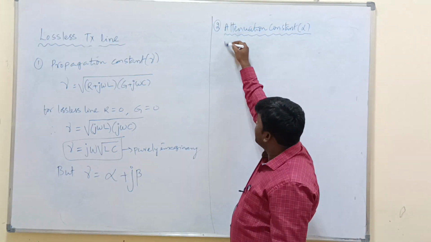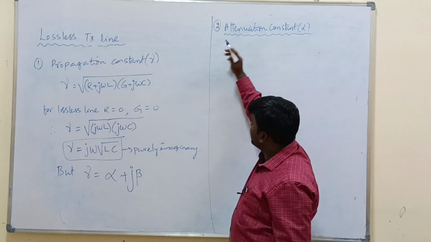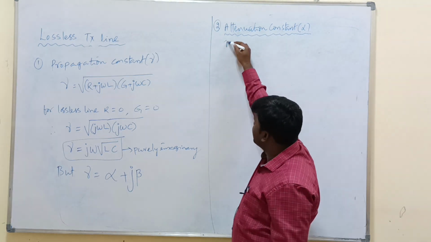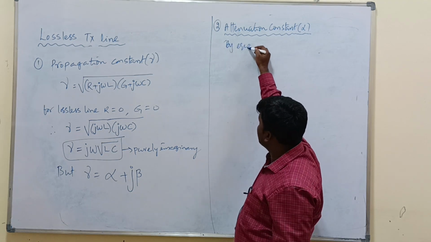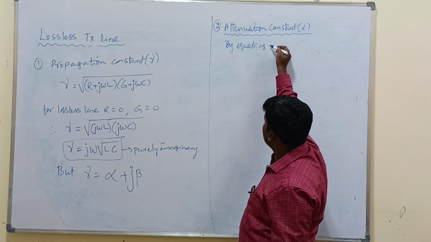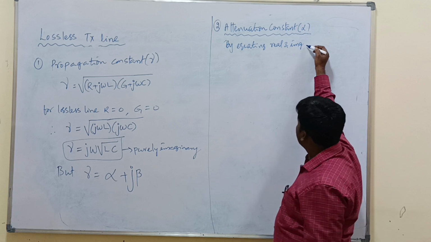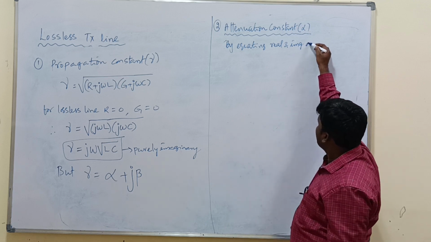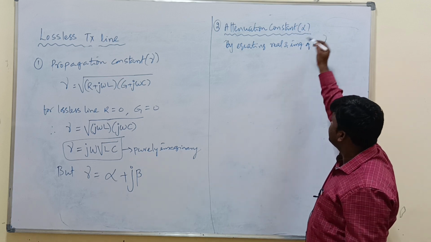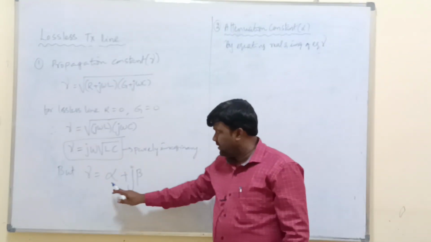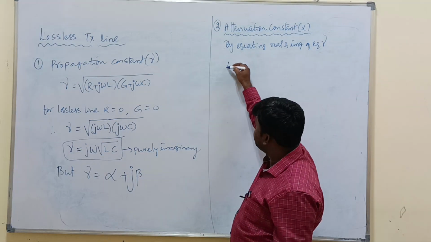By equating real and imaginary parts of the equation of gamma, we will get alpha plus j beta.